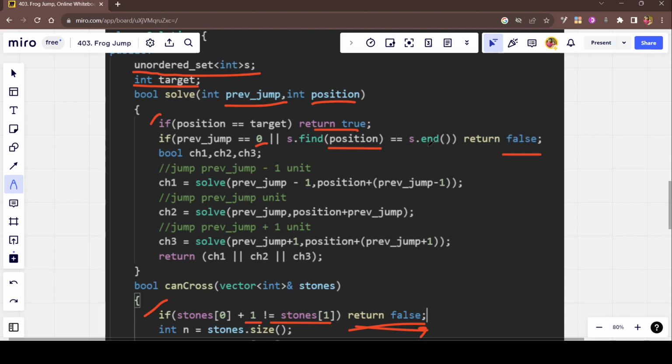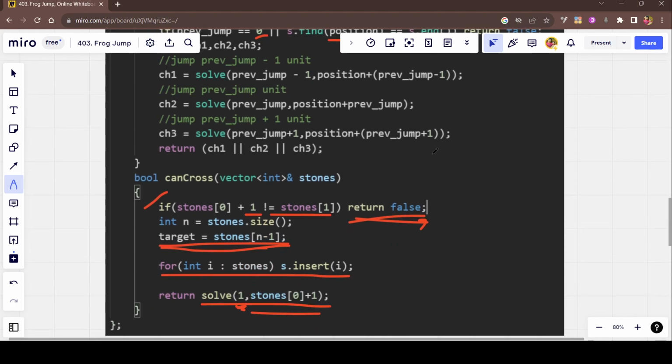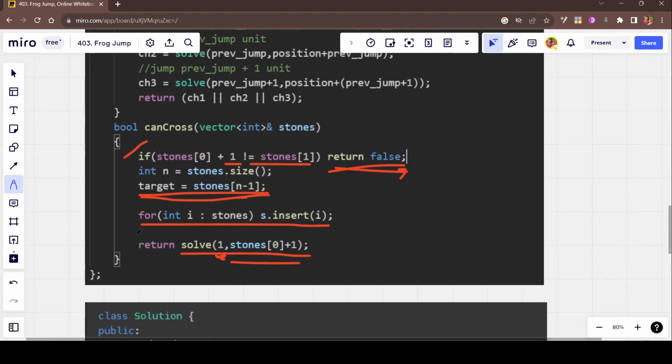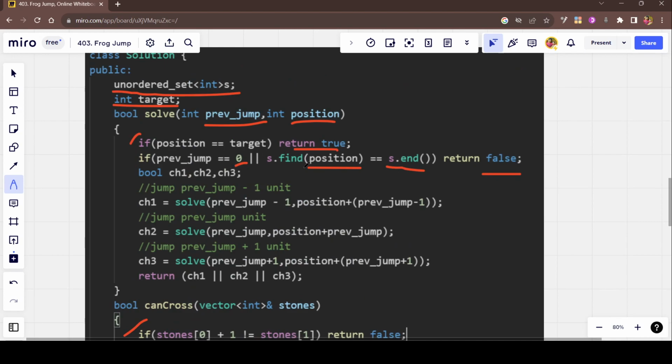Previously you can see that I stored the positions of the stones in s, so that I can use s dot find of position. If the position is not found, we have no stone there, so return false. Got that point?